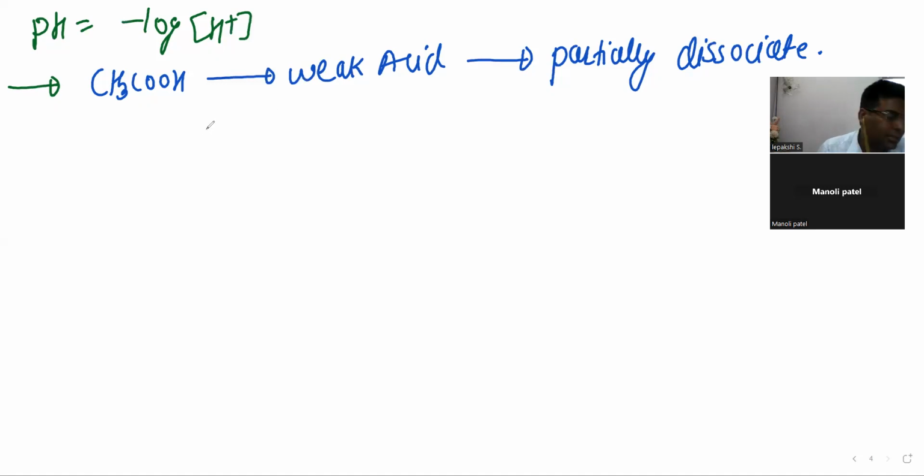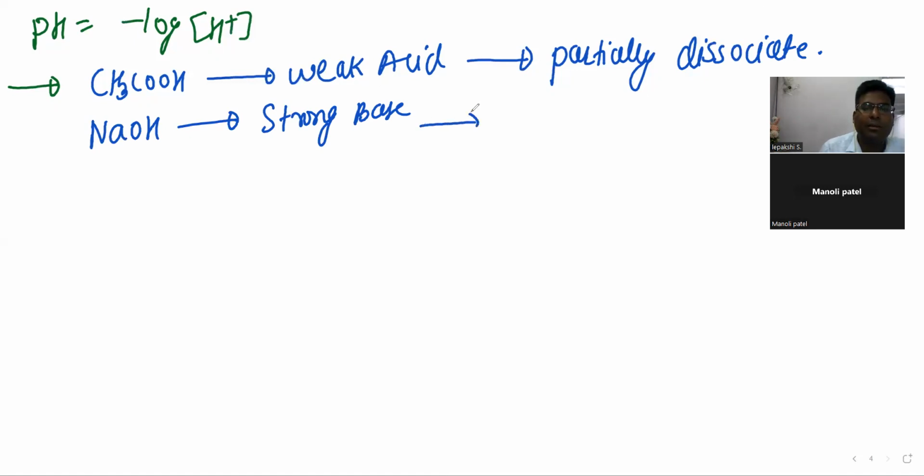Now this is your weak acid, and suppose I am taking NaOH, that is a strong base. Understood? So in this solution containing one equivalent of each, there are more OH minus ions, right? When it dissociates, we get Na plus and OH minus. So OH minus ion is more than H plus ion.